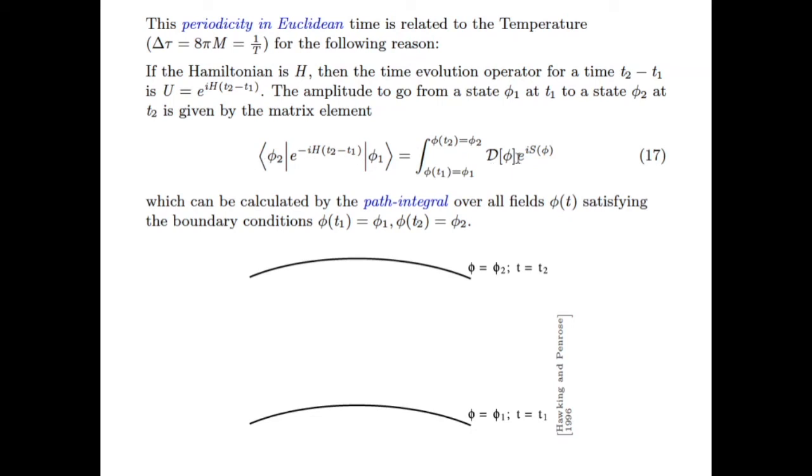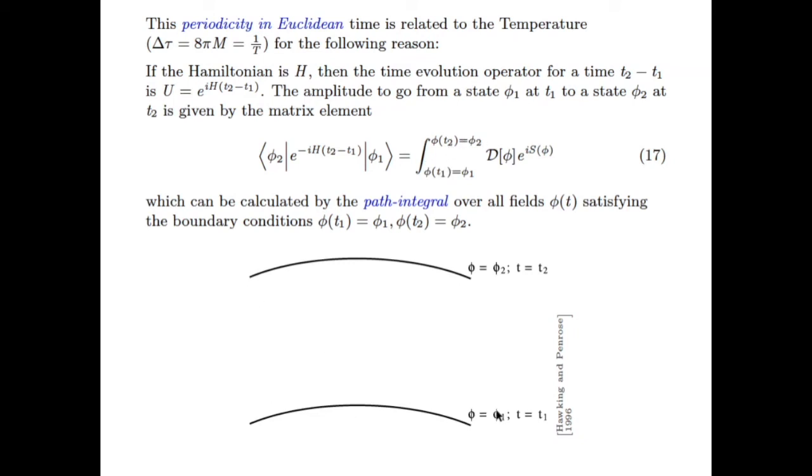And this is given by this kind of path integral. The path integral is, here you have the action of your theory, and here you integrate over all field configurations which obey these boundary conditions.